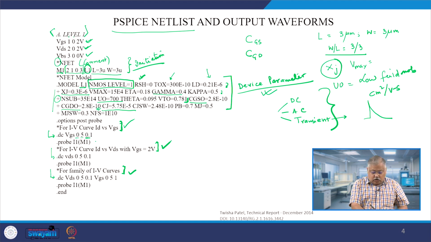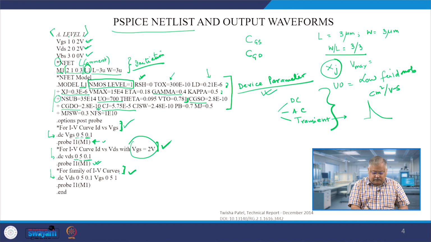A dot probe basically gives you the command for which output you will be getting, so when you plot the graph, this will be useful. Similarly, if you do ID versus VD, we have fixed VGS equal to 2 volts, and we vary VDS from 0 to 5 volts with a step of 0.1 volt, and we also store it at M1.